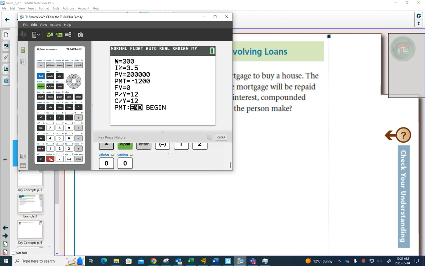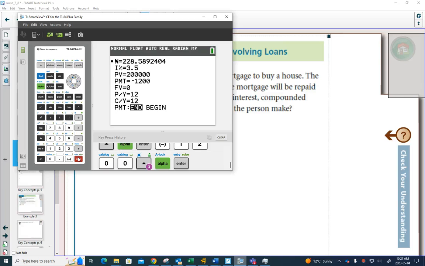What would that do? Well, that's going to save you time. You're going to pay it off faster. So instead of taking 25 years, we've reduced that from 300 payments to 228.